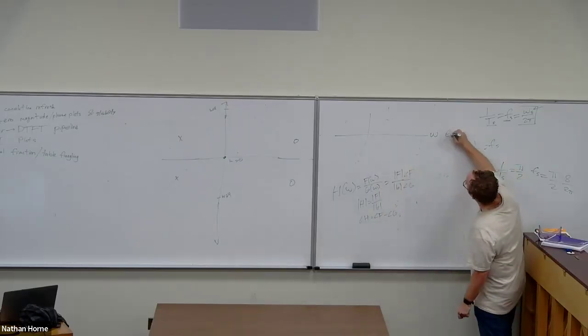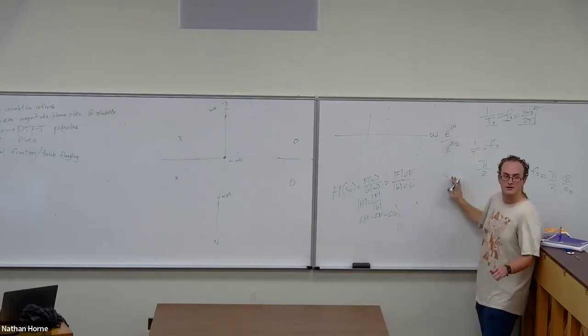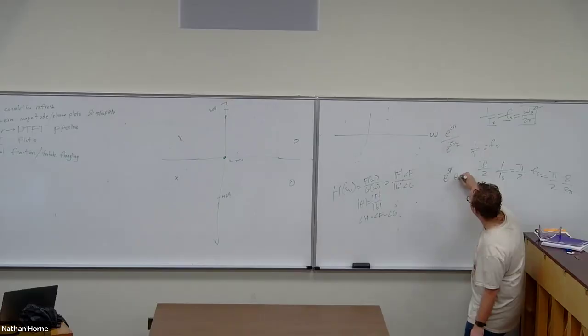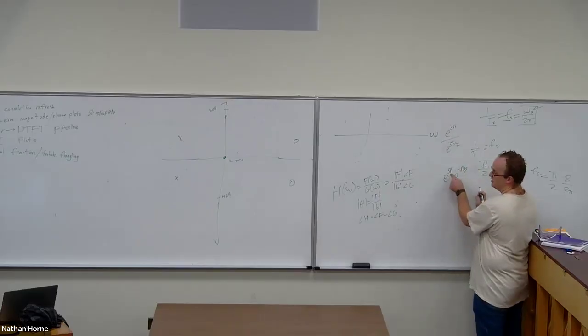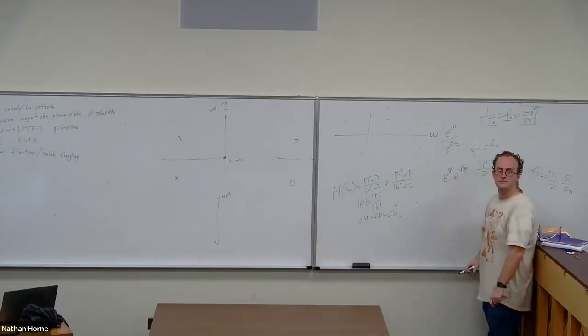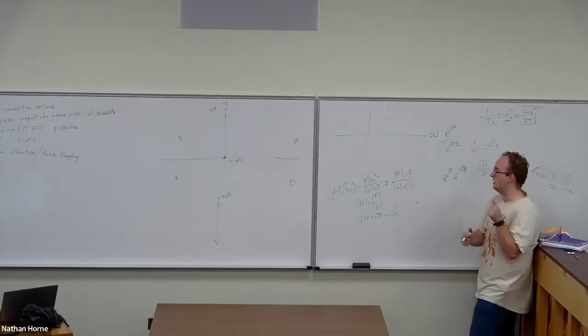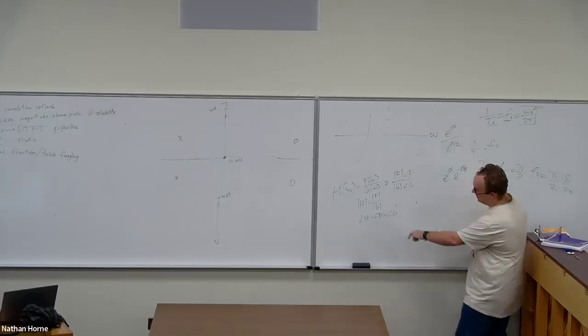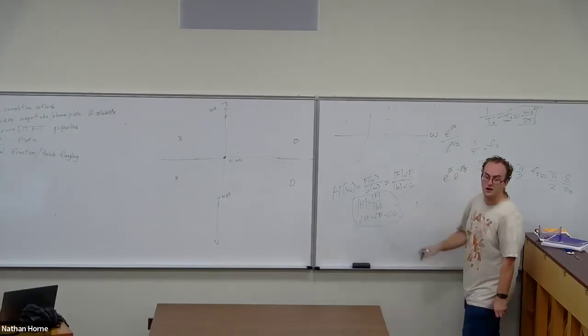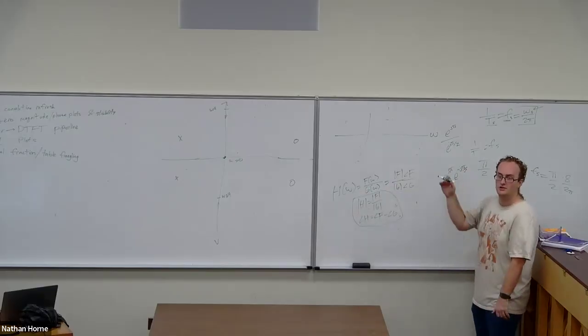Think of it like this: e to the j pi over e to the j pi halves is equal to e to the j pi times e to the negative j pi halves. You can see how pi minus pi halves is going to be the result. Feel good?